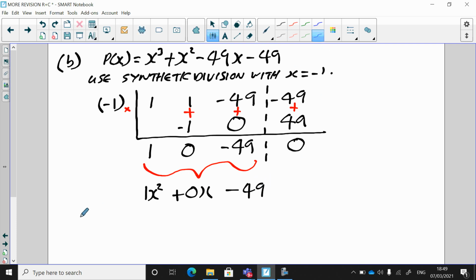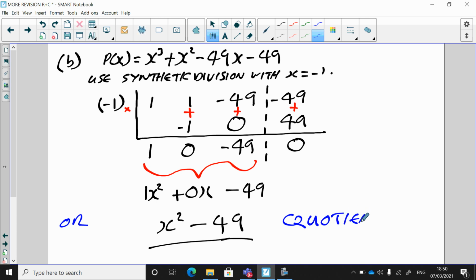That's what we've got there. Or we can just write it as x squared take away 49. Okay, so that there is known as the quotient. Doesn't matter if you know its fancy name, but that's what it is there.